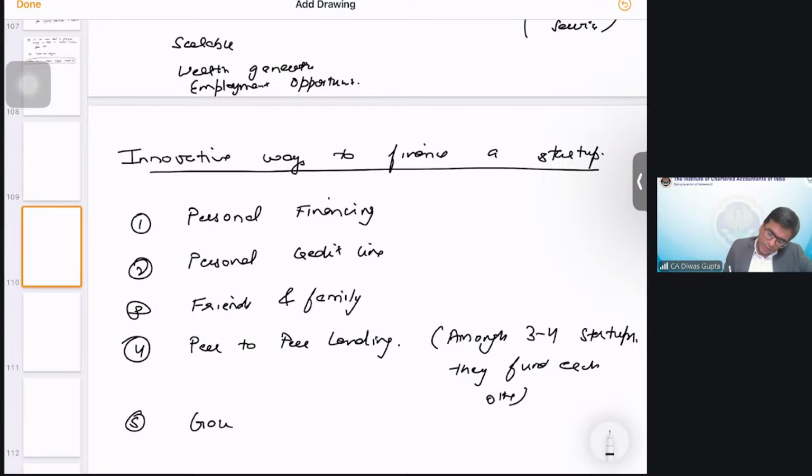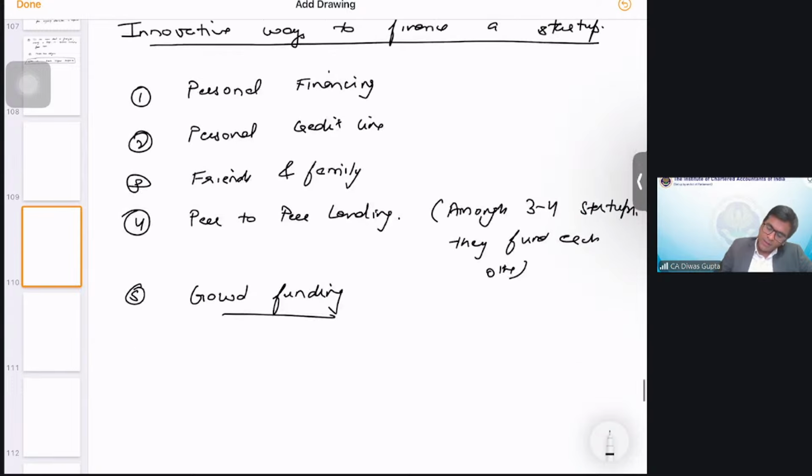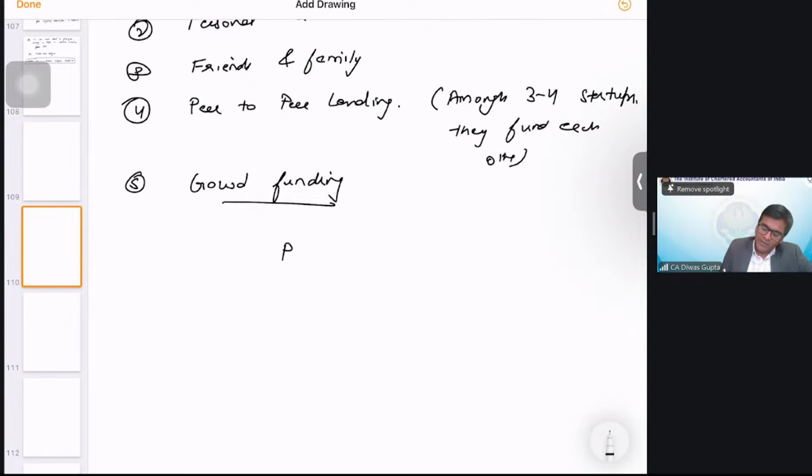Fifth one, crowdfunding, students. So crowdfunding means that you are sourcing your borrowings or your funds from the crowd at large. Okay? Crowd at large means that, for example, there are different platforms, right?